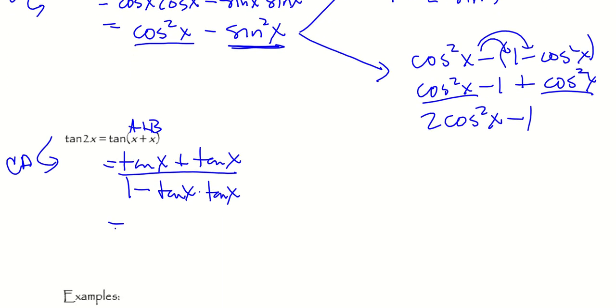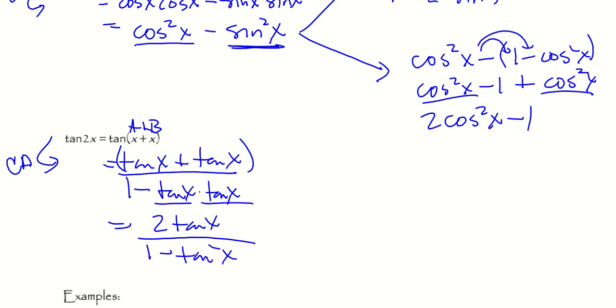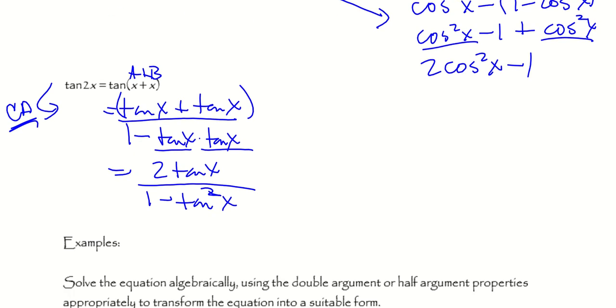We simplify that. These are like terms. They're both a tangent of x, so 1 plus another gives me 2 tangent of x over 1 minus, here I'm multiplying 2 of the same thing, so that's tangent squared of x. And we have used our composite argument identities to prove each of those double angle identities.